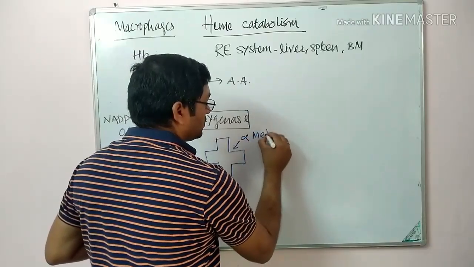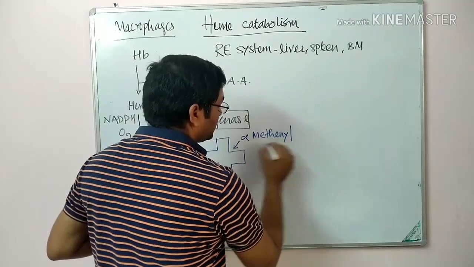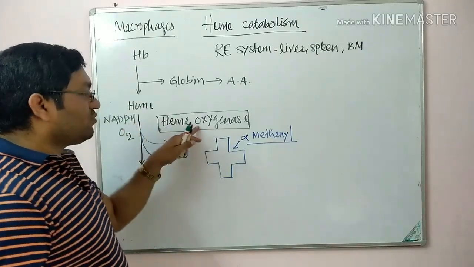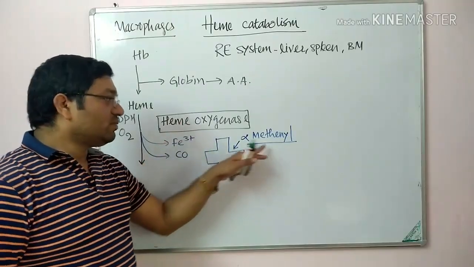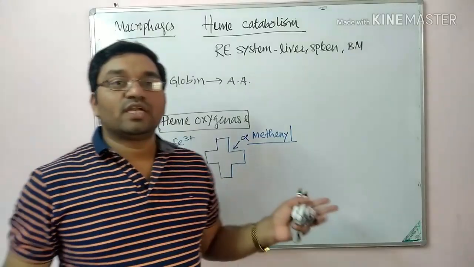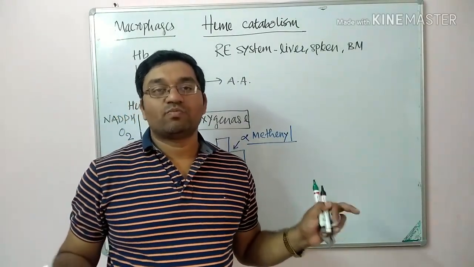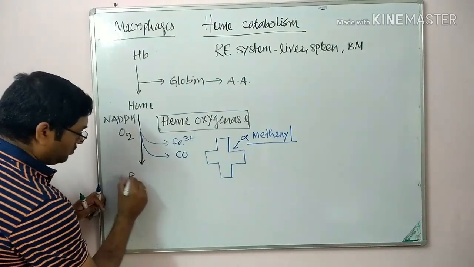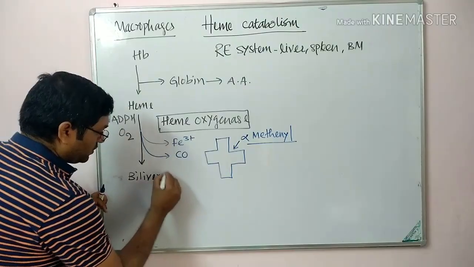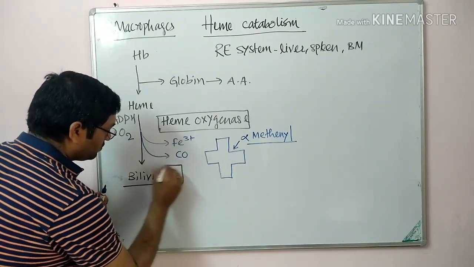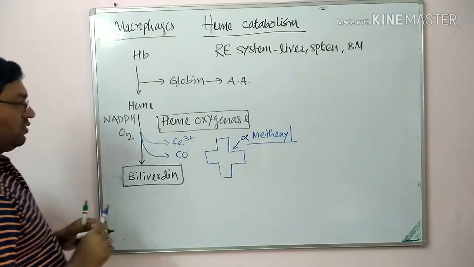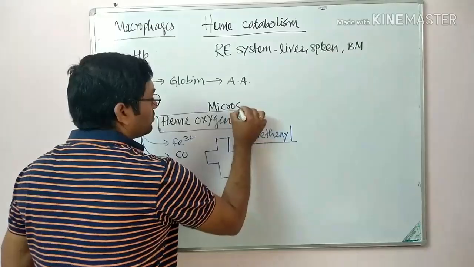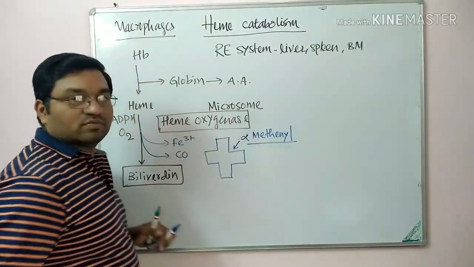There is incorporation of oxygen with the help of NADPH dependent heme oxygenase, which cleaves that methanyl bridge and converts this tetrapyrrole into a linear pyrrole molecule, and the name of this molecule is biliverdin. This one is a green colored compound. This heme oxygenase is present in the microsomes of macrophages.